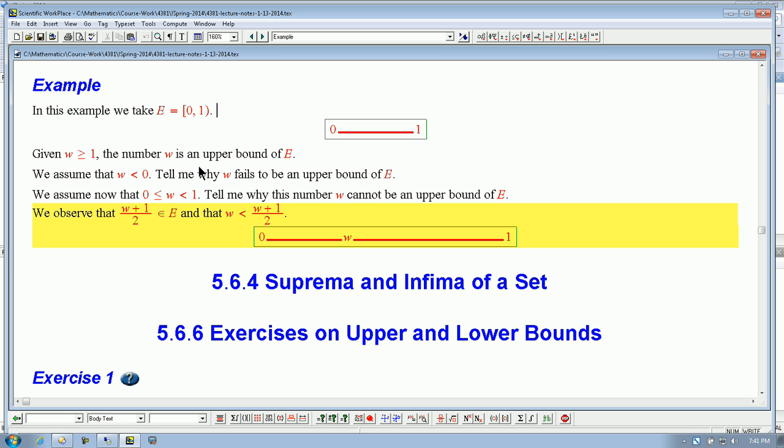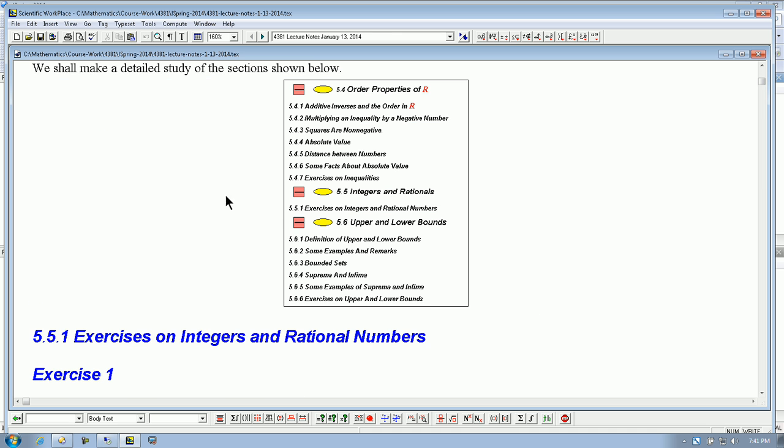Okay? Now, folks, this is what I want you to do. I've given you some reading. I want you to read some stuff about the number system and a little bit about upper and lower bounds. It's in the text. Do a little bit of reading for me.